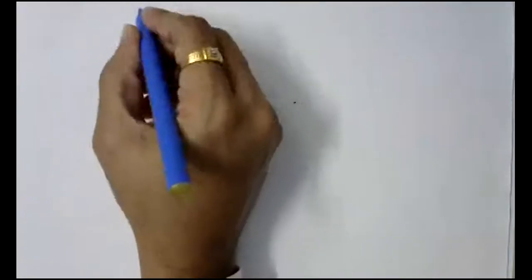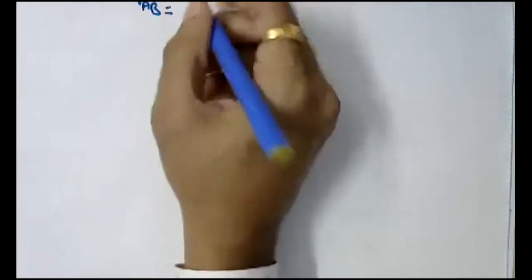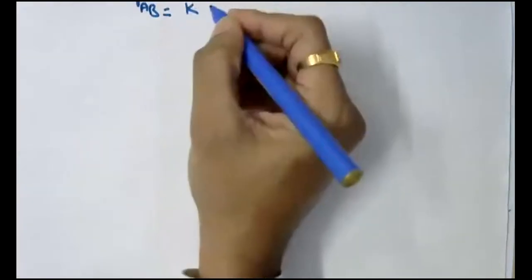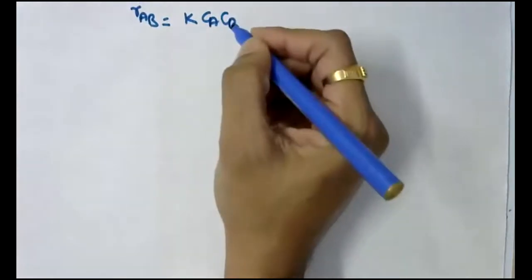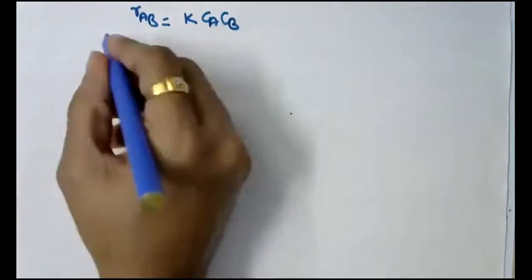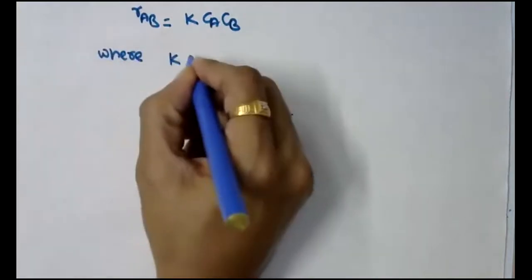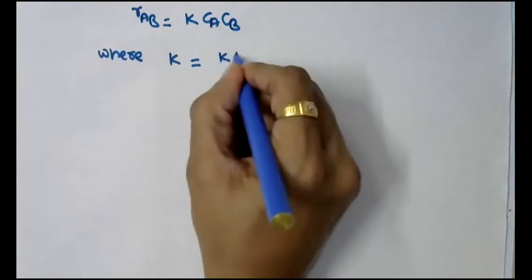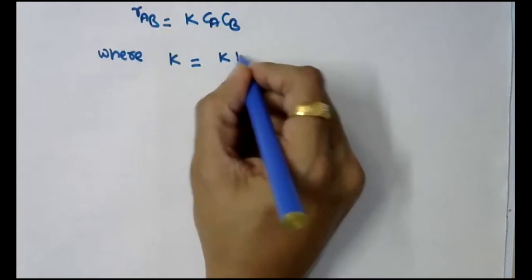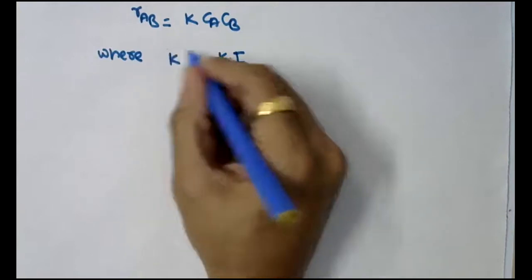You can rewrite equation 12 as RAB is equal to K CA CB, where K represents KT by H. This K and this K are different.